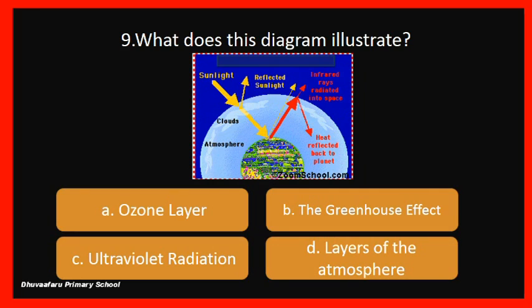Question number 9. What does this diagram illustrate? A, ozone layer, B, the greenhouse effect, C, ultraviolet radiation, and D, layers of the atmosphere.